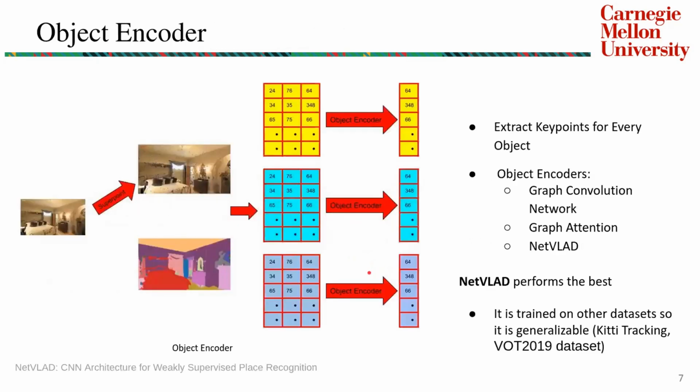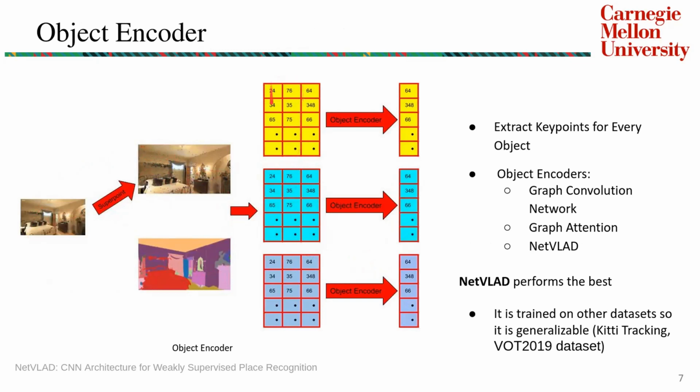To dig deeper into how the object encoder works, we take an image and pass it through a SuperPoint extractor, which extracts the keypoint locations and keypoint descriptors. Along with the semantic image, we extract the object-wise keypoint features and keypoint descriptors.